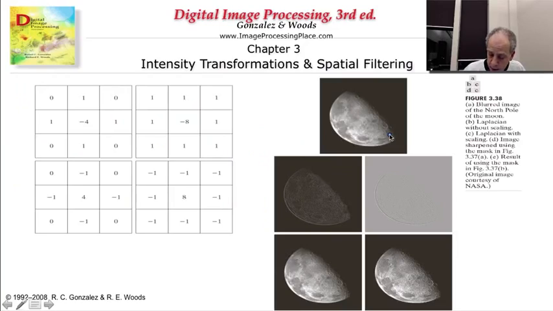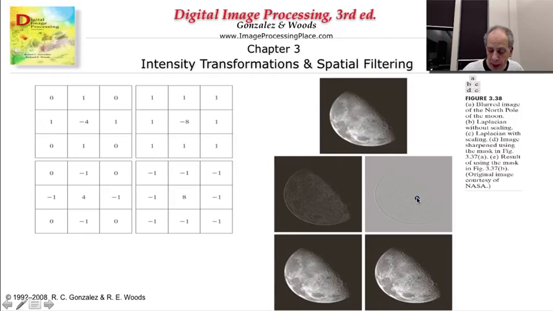Here we see an image of the moon. What we see next in this image is the Laplacian. It's the second derivative in the x direction plus the second derivative in the y direction. And we actually see it implemented with this. Here, we basically just stretch it. Remember, we know how to modify histograms, so we are stretching it.